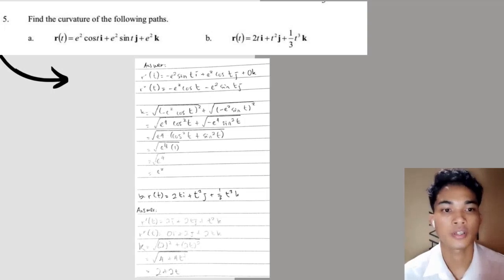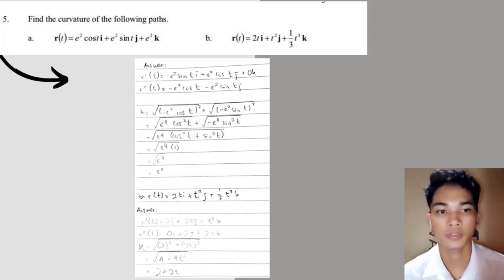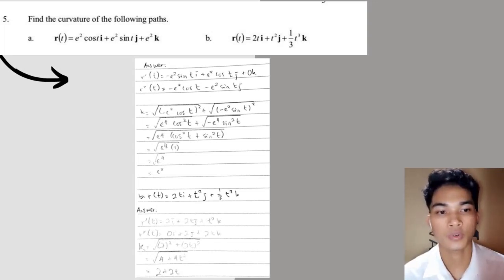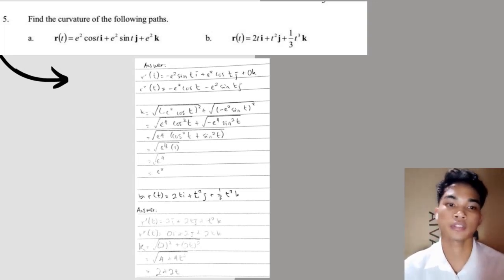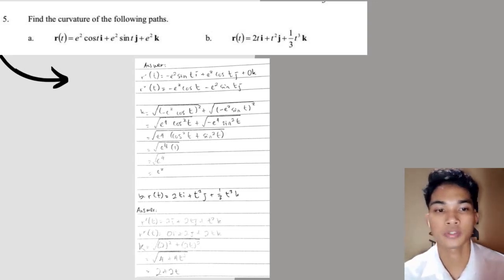Then we will get square root of e^4 in parentheses 1. Then we divide between square root e^4 and in parentheses 1, we will get square root e^4. Then after the calculation, we will have e² for the final answer.